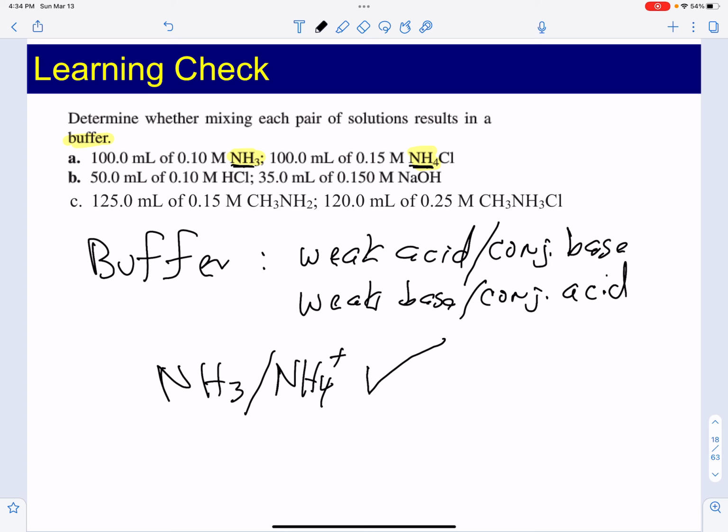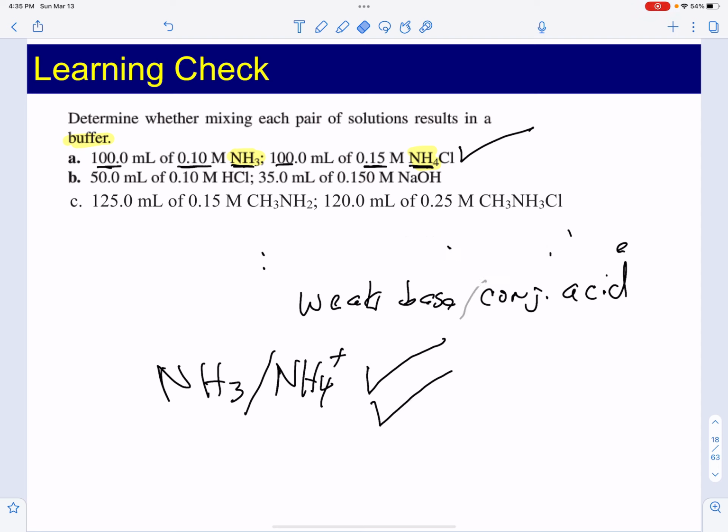Are their amounts very close, very similar? Well, this is going to be 0.1. This is going to be 0.15. The volume is the same. So it's, I would say, pretty similar, 0.10 to 0.15, given that the volume is the same. So yes, the amount is similar. And that's it. So yes, the first one will give us a buffer system. No questions about it.